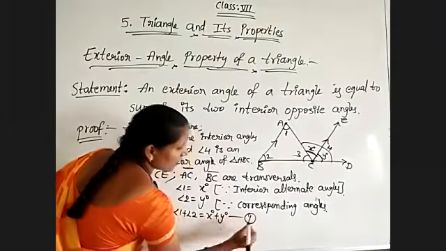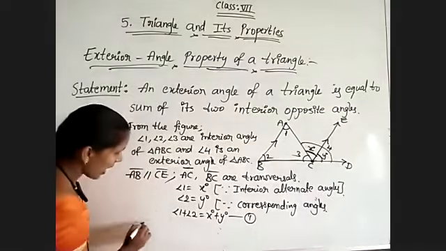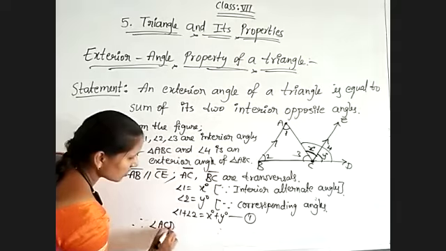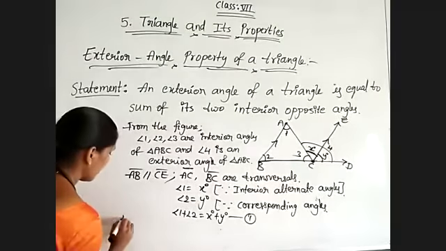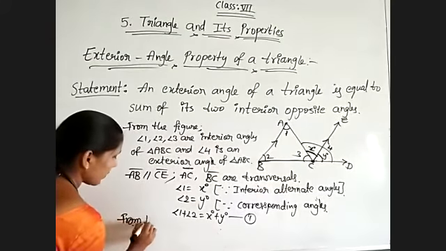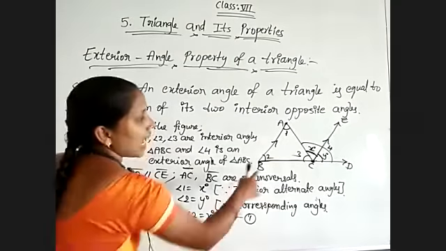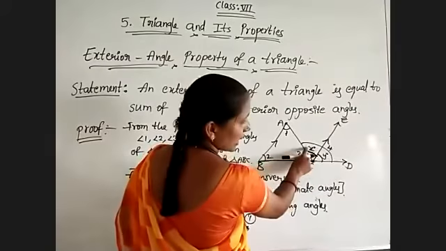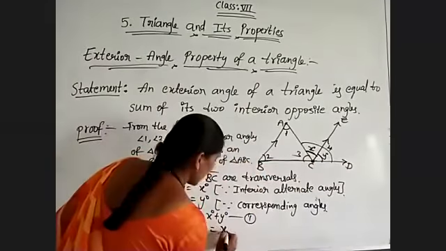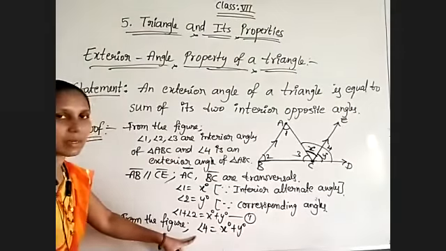Let it be equation 1. And from the figure, angle 4 is equal to angle x plus angle y. And angle 4 is nothing but the exterior angle.